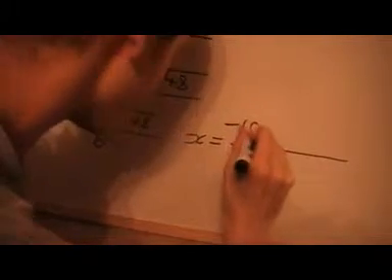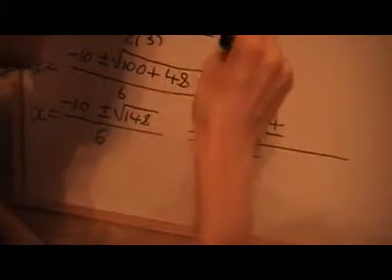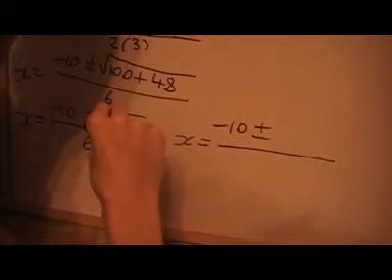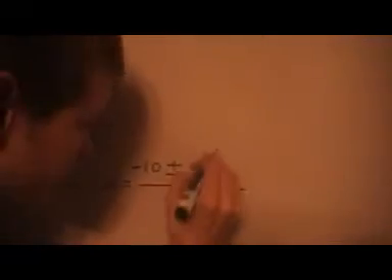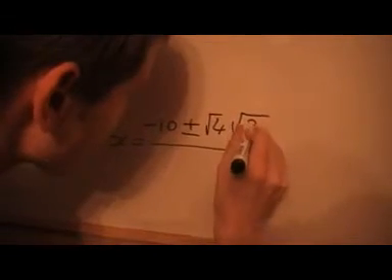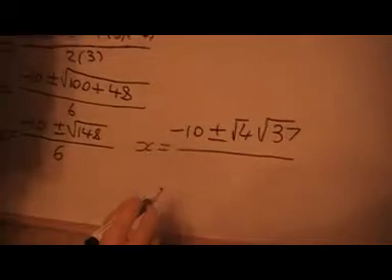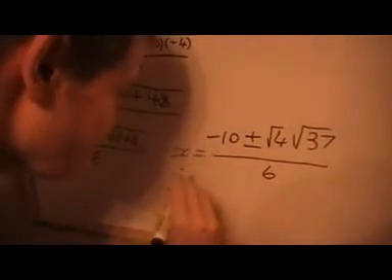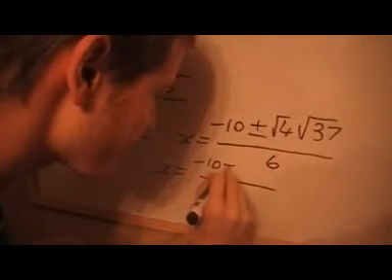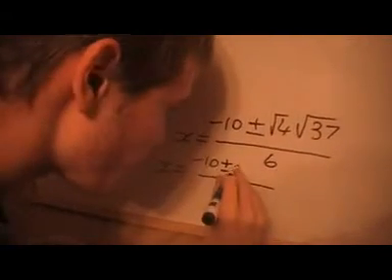So then we're going to get minus 10 plus or minus the square root of, let's divide this by 4 and see what we get, 148 divided by 4 is 37. So we'll get root 4, root 37, over 6. And then we can simplify. We know that root 4 is 2.